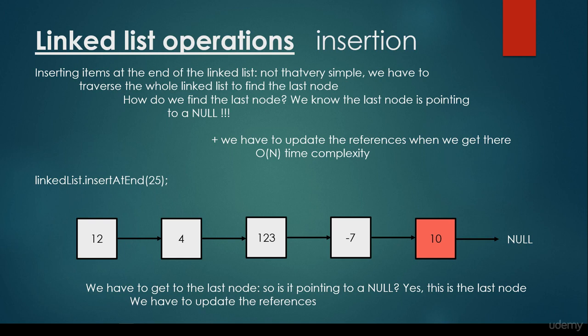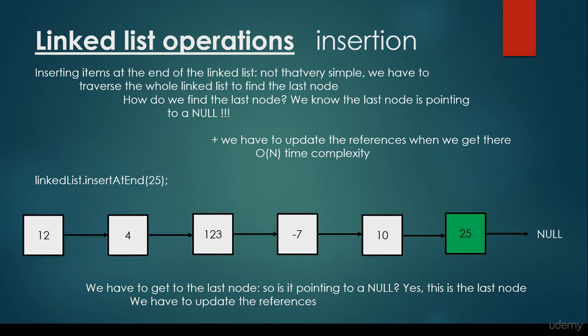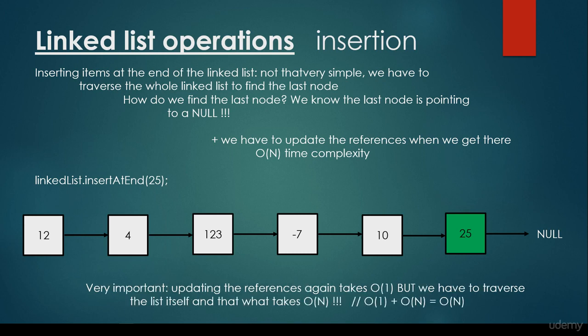So we just have to update the references. And instead of pointing to the null, this 10 is going to point to the item we would like to insert. So it's going to point to 25, and 25 is going to point to a null. So in this case, we have managed to make sure that this 25 will be the last item.